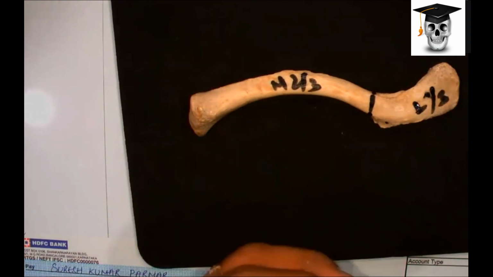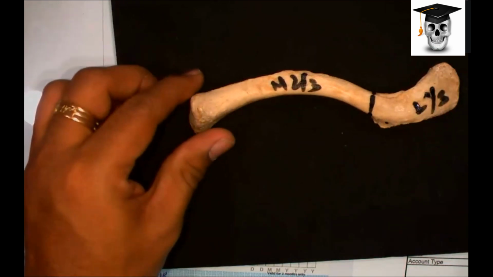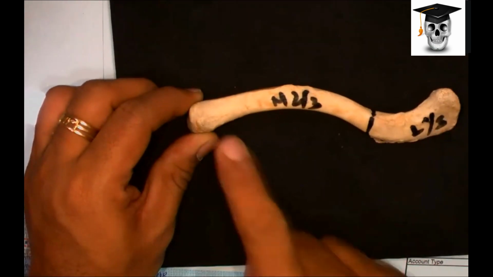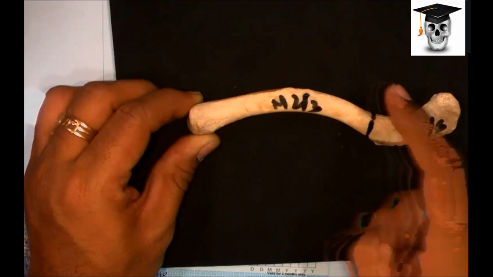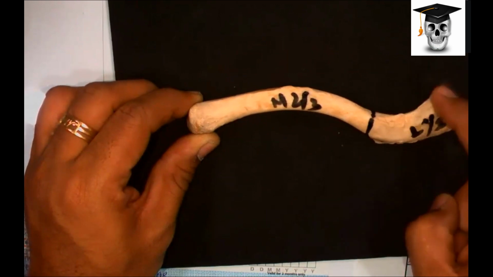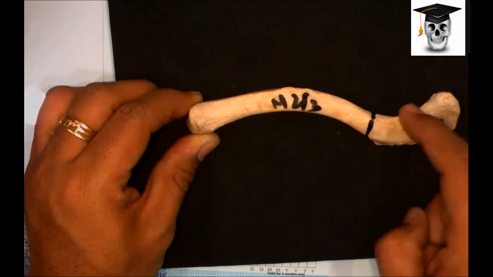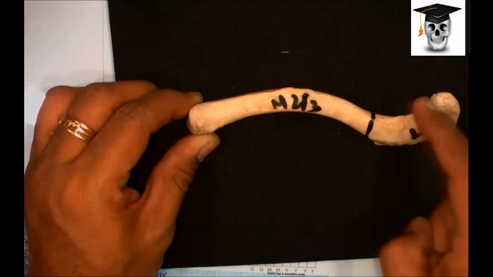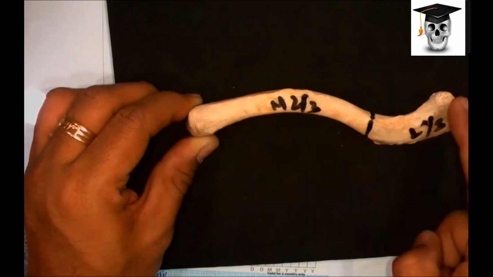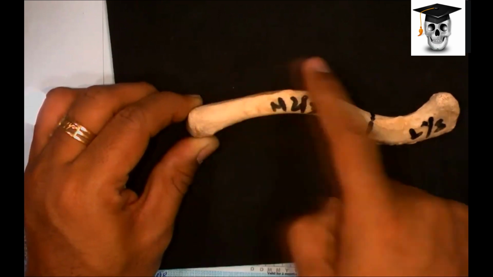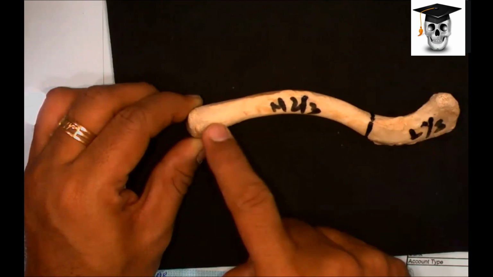Now, when you look at this part of it, the medial two-thirds of the shaft is convex anteriorly, whereas the lateral one-third of the shaft is concave anteriorly. So when you keep these two features, it is convexo-concave from the medial end to the lateral end.